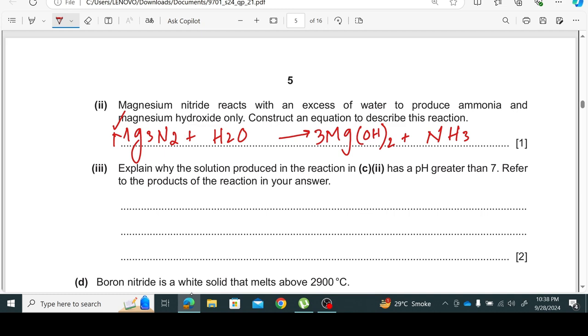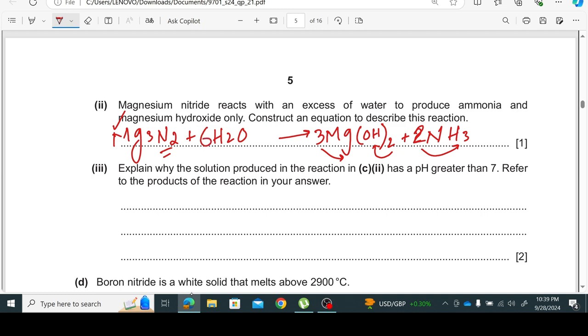Next is hydrogens. If you put 2 here, 3 2s are 6, because why did I put 2 here? Because you have 2 nitrogens. For balancing 2 nitrogens, I put 2 here for nitrogen. So hydrogen will become 3 2s are 6, and this 6, so you will get 12. So I will put 6 here.